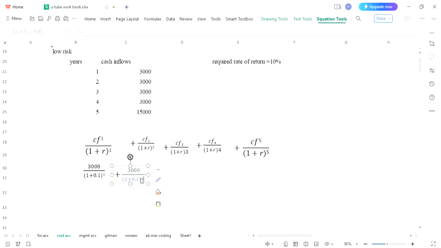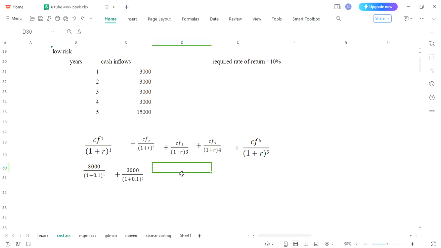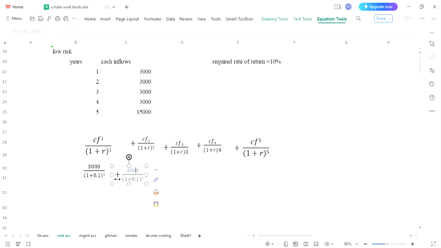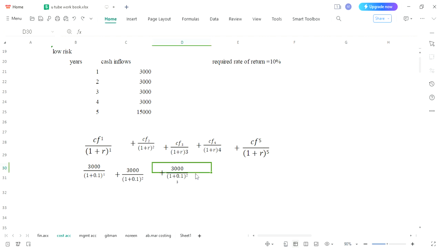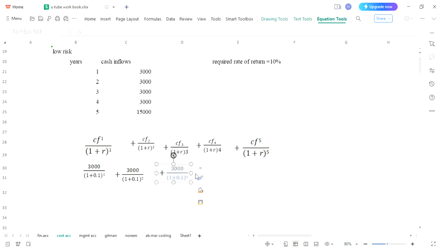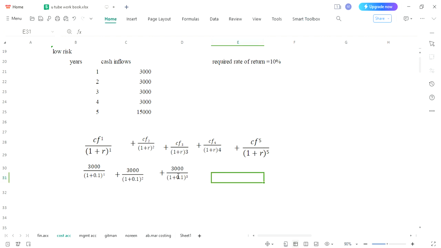Okay, so we have our second statement, and now you will be completing your third statement, and you will be writing it at here. 3000 would remain same. As you can see, your third cash flow is similar. We will just change our raised to power, and it would be third. Just change it. Alright, third statement is also completed.